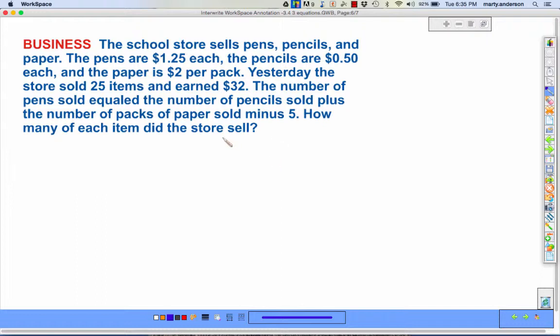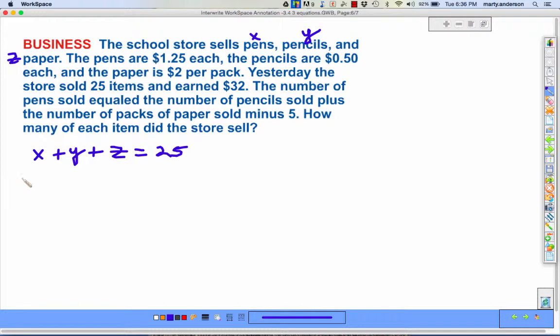Well, let's use P for pens, P for pencils, and P for paper, and then get the problem all wrong. How about X for pens, Y for pencils, and Z for paper? So we should identify our variables, define your variables. So I know I have X plus Y plus Z. How many total items? 25.